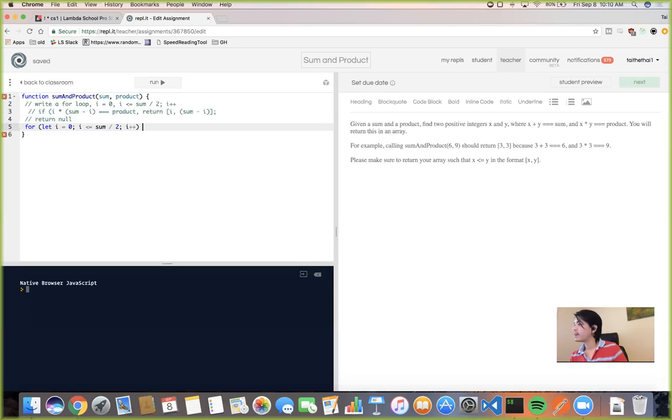If i times the sum minus i equals product, return bracket i, sum minus i.